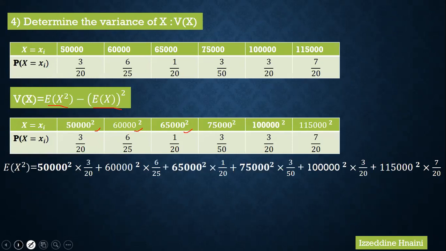So we multiply 50,000² times 3/20 plus 60,000² times 6/25, etc. The answer obtained is called E(X²).